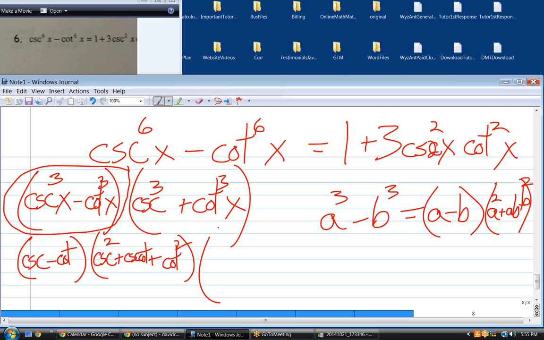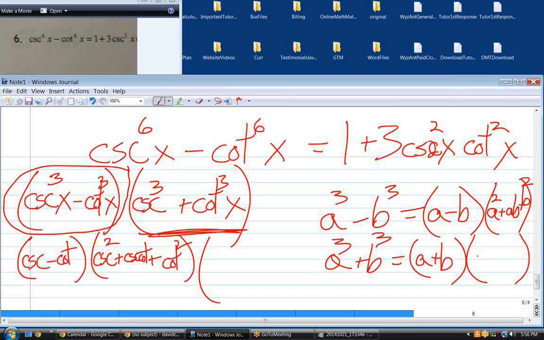And now let's factor sum of cubes. Sum of cubes factors how? A plus b, and then a squared minus ab plus b squared. So how does this factor?